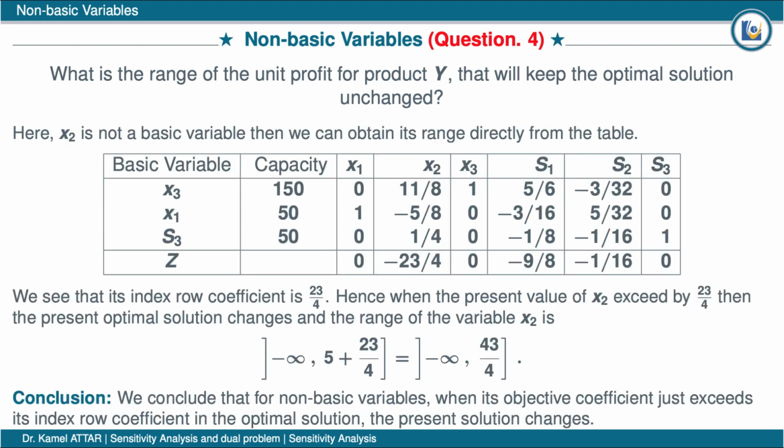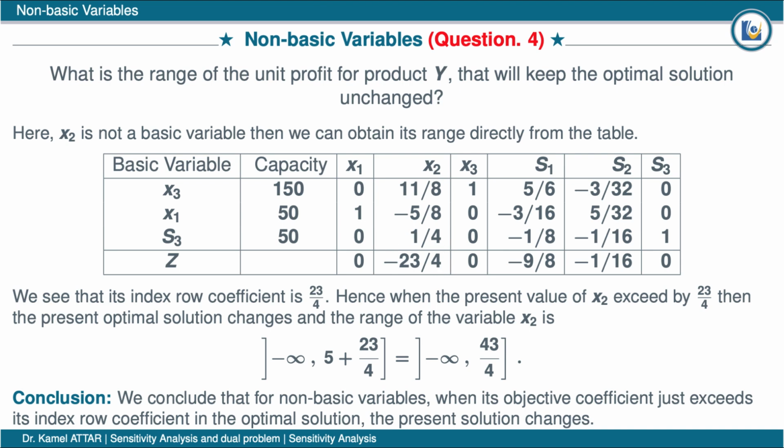Here, x2 is not a basic variable. Then, we can obtain its range directly from the following table obtained above. Notice that any change in the objective coefficient of the non-basic variable will affect only its index row coefficient, and not others. From this table, we can see that the index row coefficient of x2 is equal to 23 over 4.